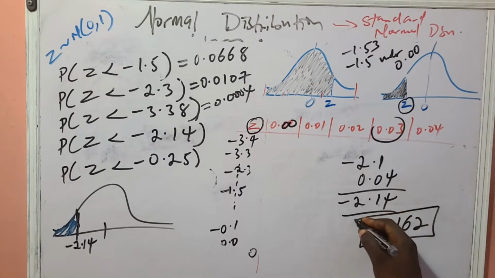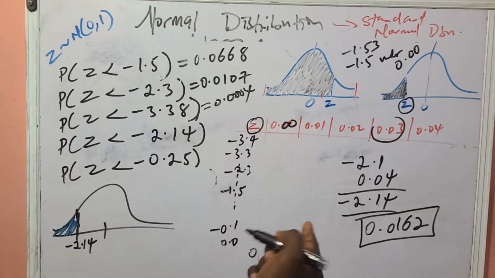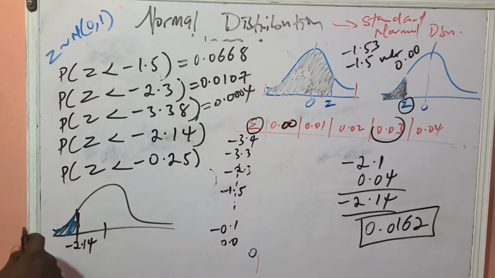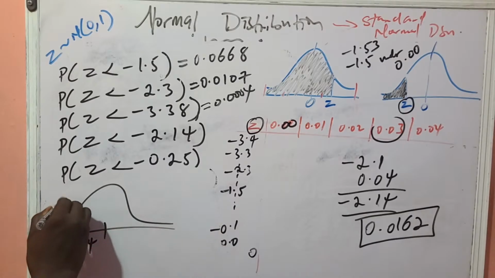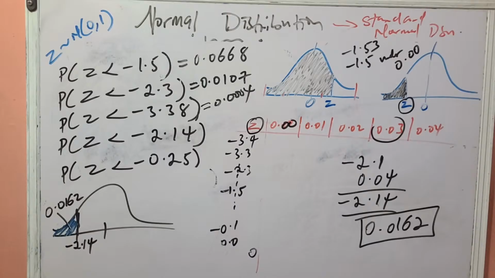This is the value I can read out from my table. Is that the value you guys got? So the meaning of that value you just read is that this shaded area has an area of 0.0162. That's what your table does.